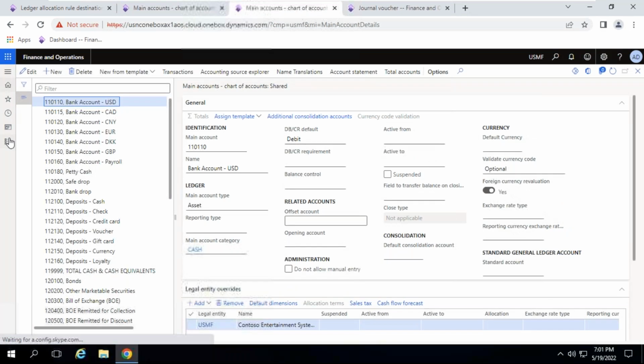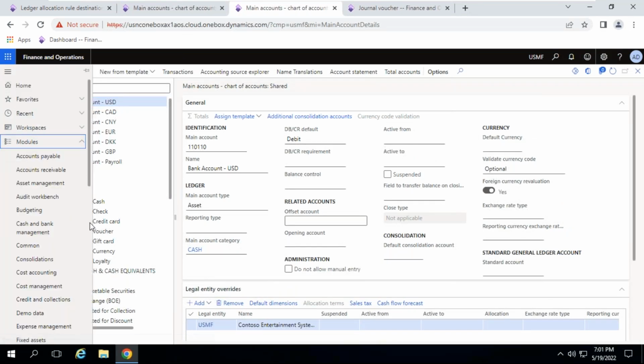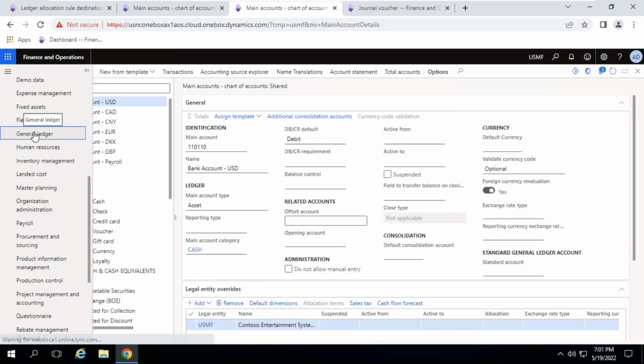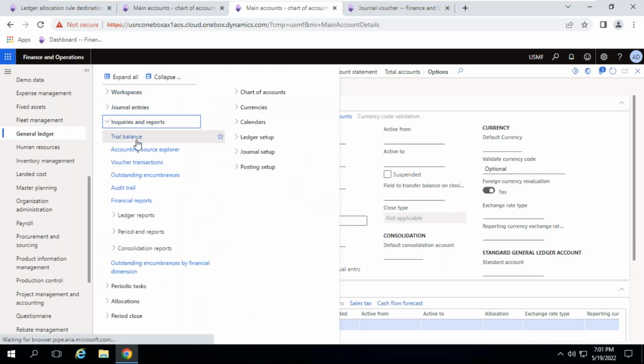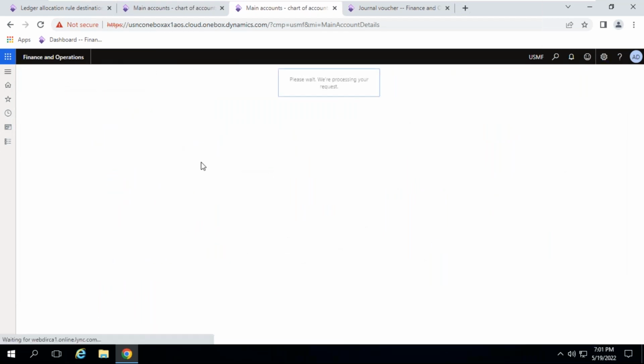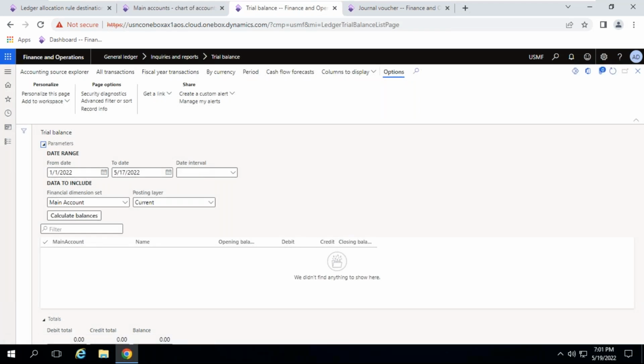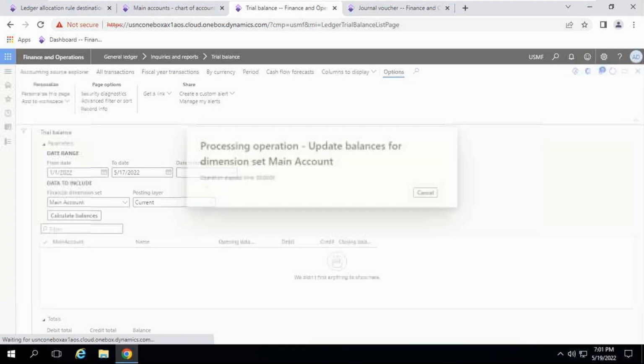If you go to trial balance, inquiries and reports, trial balance. So click on calculate.